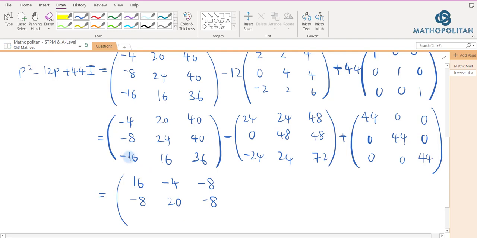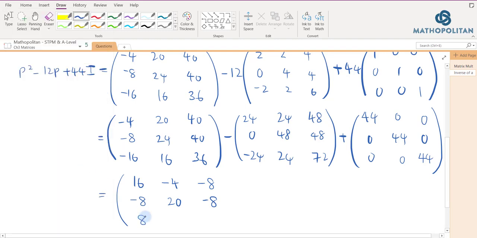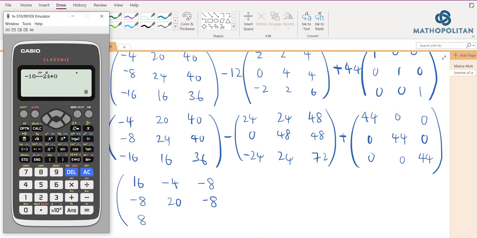Then for the third row, negative 16 minus negative 24 plus 0, so that's 8. Then 16 minus 24 plus 0, that's negative 8. Finally we have 36 minus 72 plus 44.